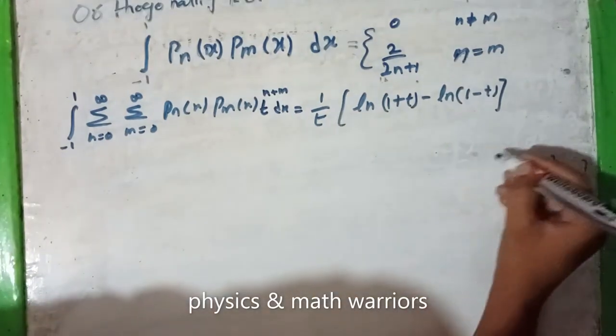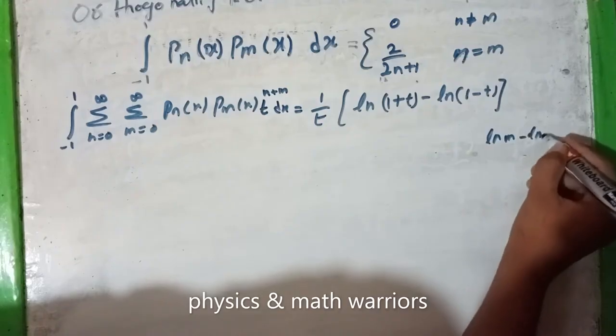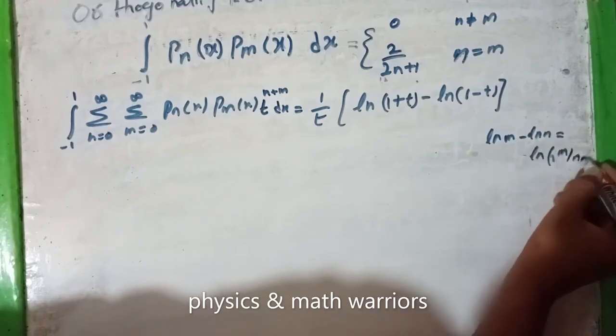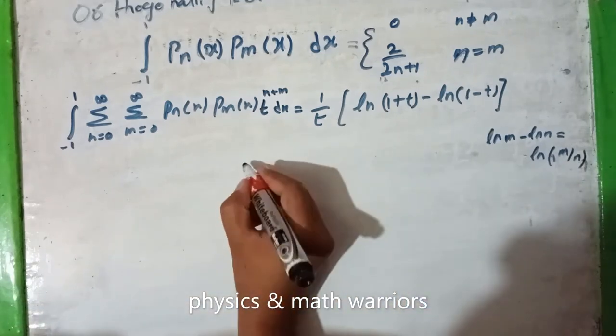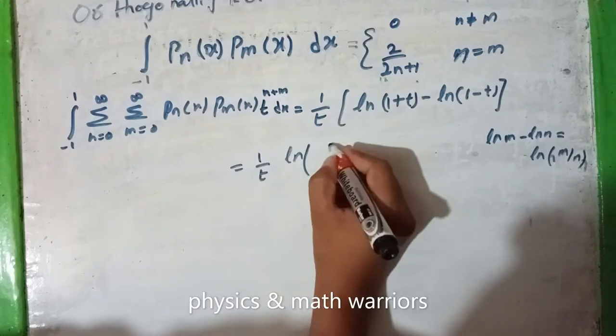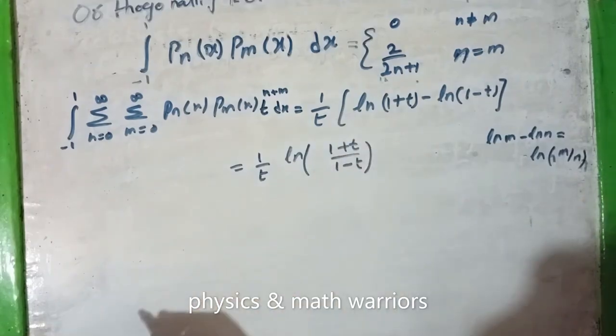Again we will use logarithm properties, which is ln m minus ln n is equal to ln m over n. So this term is equal to 1 over t ln of (1 plus t) over (1 minus t).